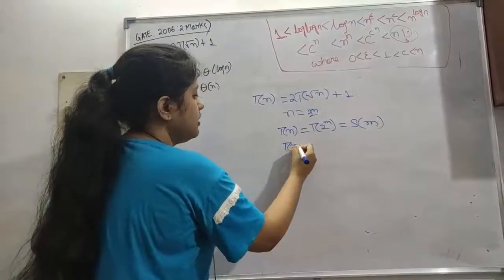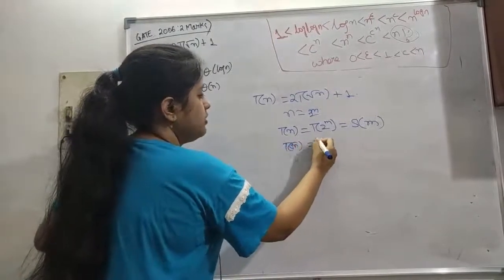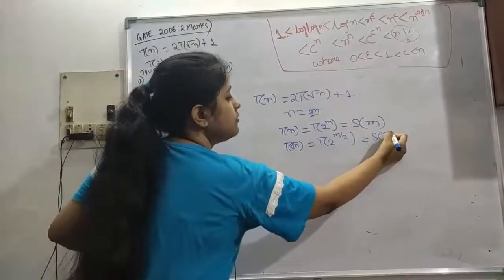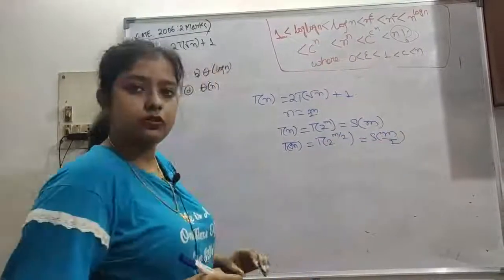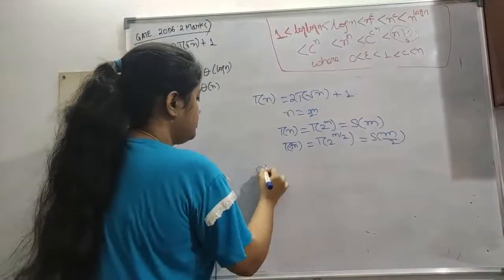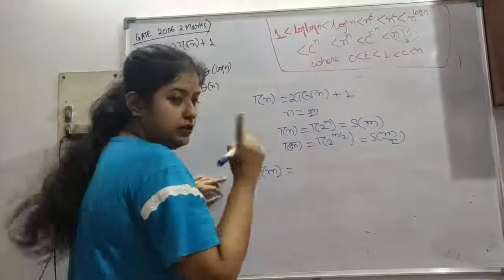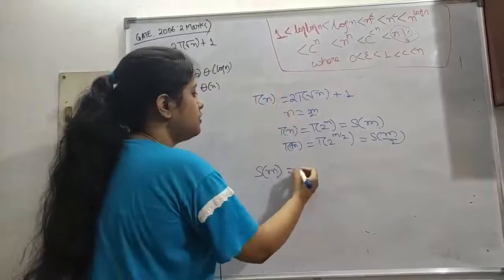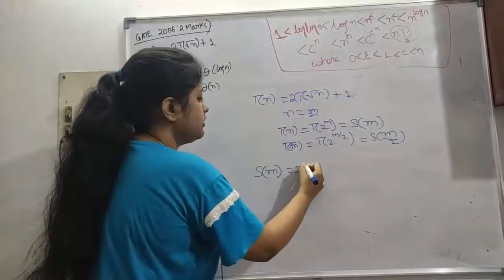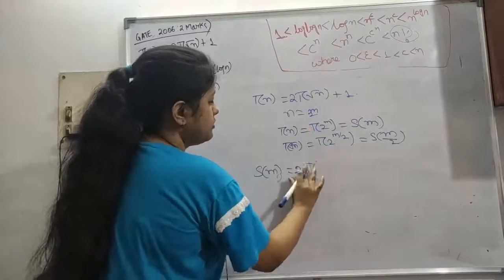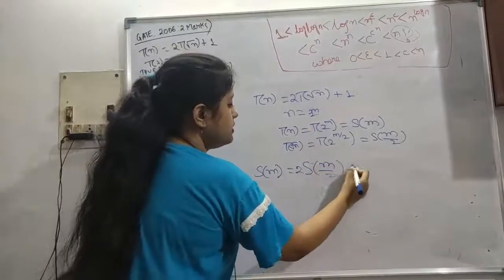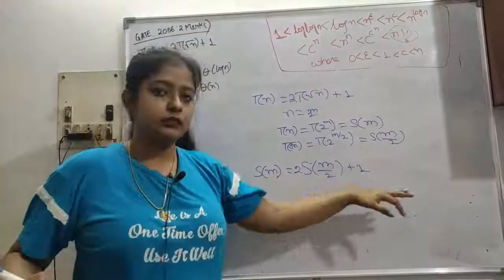Okay, so root over n means t of 2 to the power m by 2. So this is S of m by 2. Okay, so now let's put it here, S of m, not n but m. M for Mumbai, n for Nagpur, so m. So 2 S of m by 2 plus 1. Now it is coming in the form of Master's theorem.